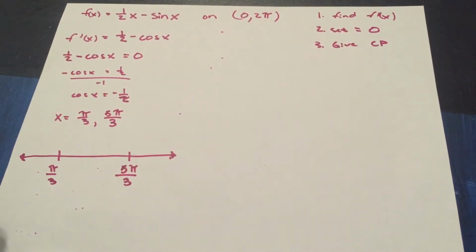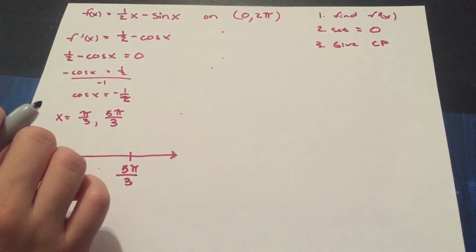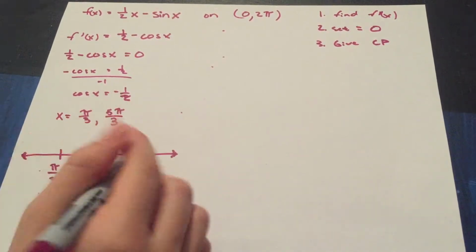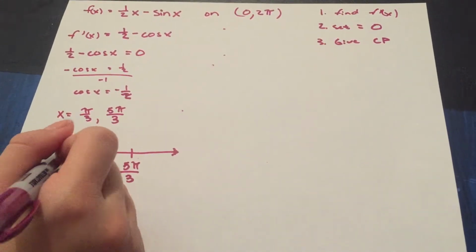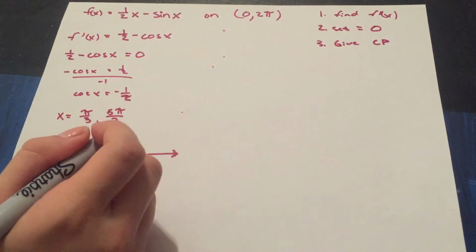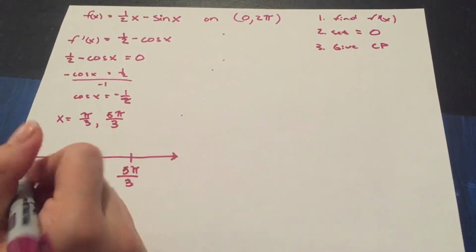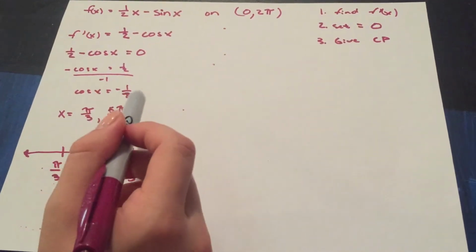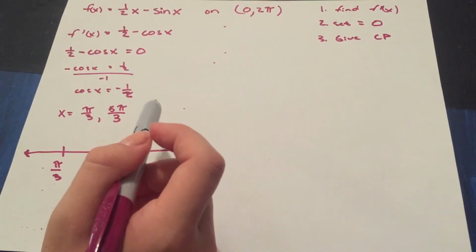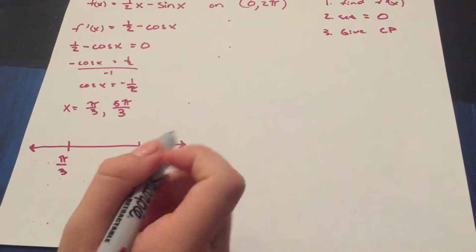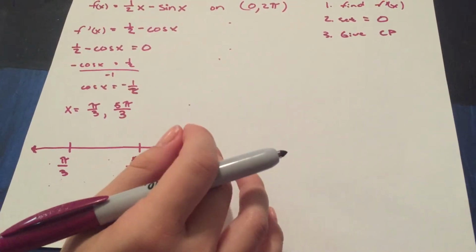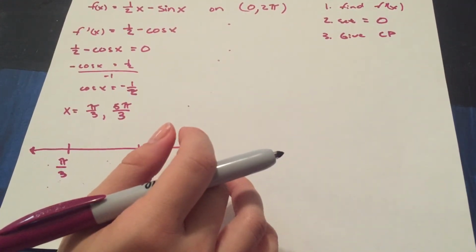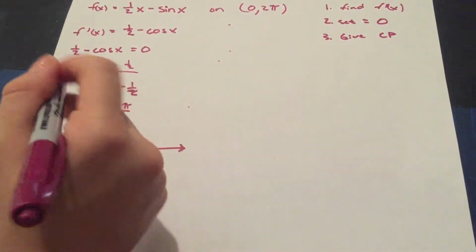So when we plug in a value less than pi over 3, say pi over 4, that's going to give us a negative number, because cosine of pi over 4 is decreasing.